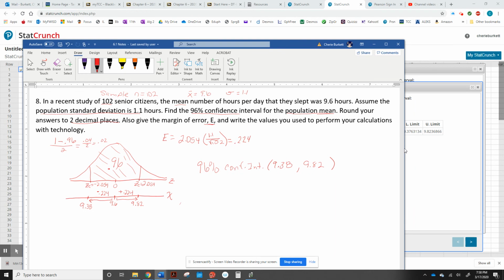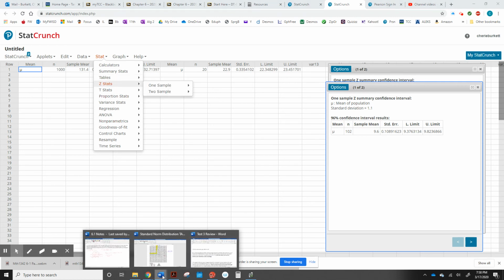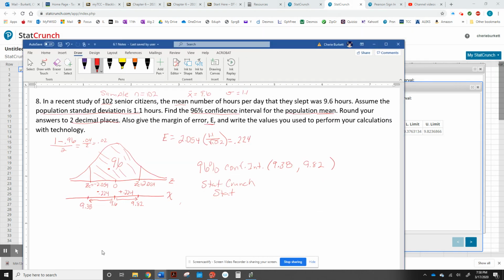Right, the value. So I would say that I used StatCrunch. And what I did on StatCrunch is I did Stat, and then Z-Stats, and I did one sample. So I want you to show me that you did Stat, and then you did Z-Stat, and then you did one sample. And then you did a summary. That's the order that you chose, so that lets me know that you really did it.